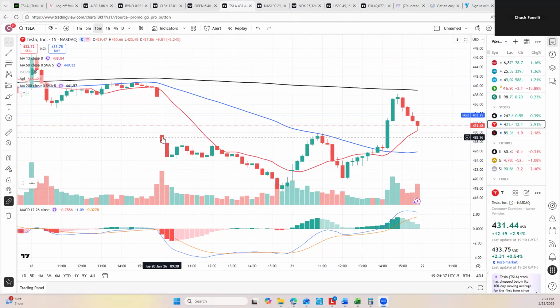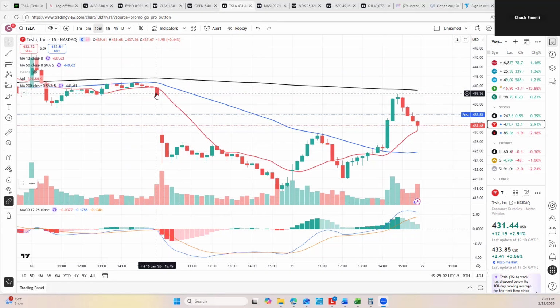I'm going to give you a little side note here. See this gap? This is where it closed Friday. I don't know when anybody will look at this, but this was the Greenland news. We're going to do a different video on how to trade news, especially with Trump. The market is totally manipulated, whether you love him or hate him, it's irrelevant.